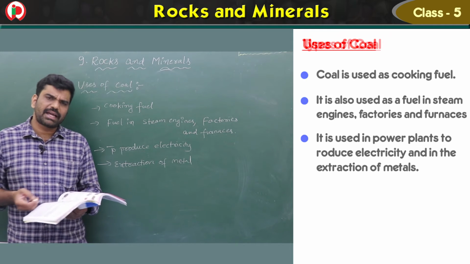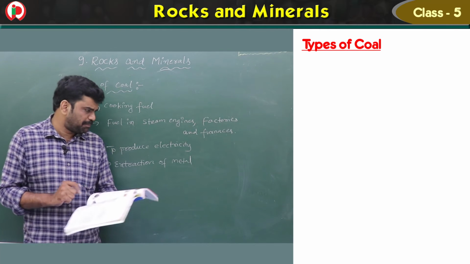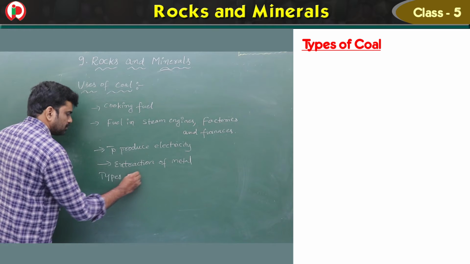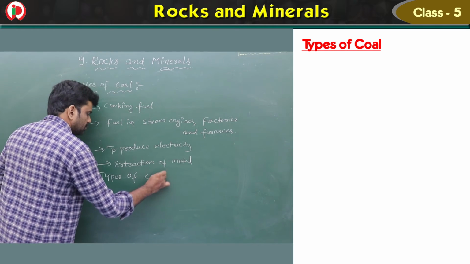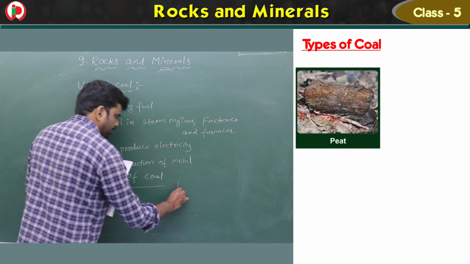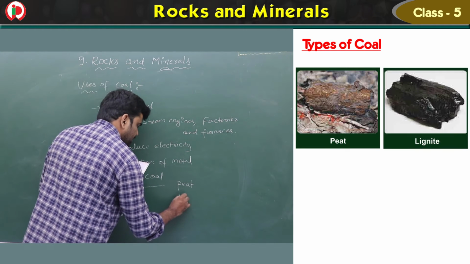Now let's go for the types of coal. There are 4 varieties of coal. So what are the types of coal, children? First one is peat. Second one is lignite.